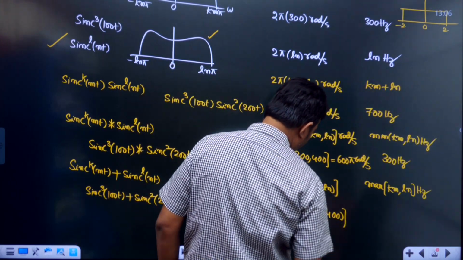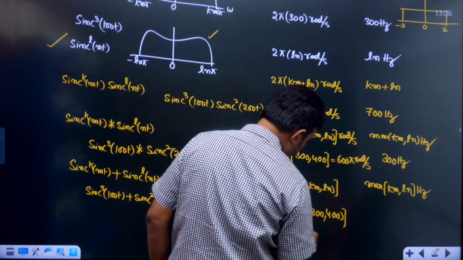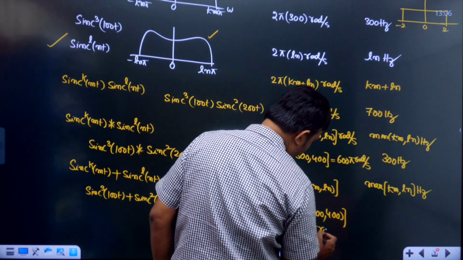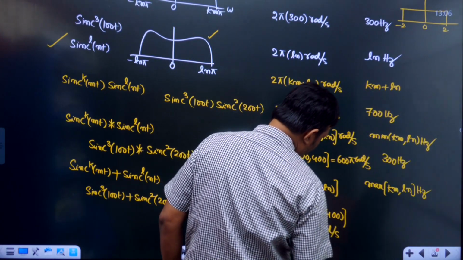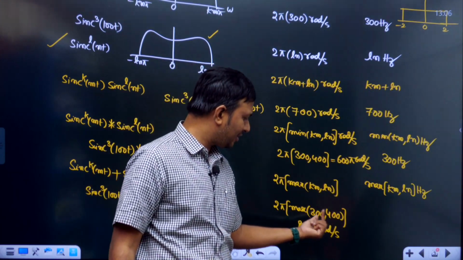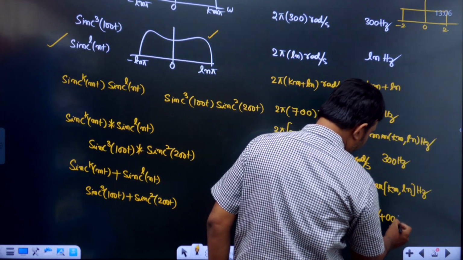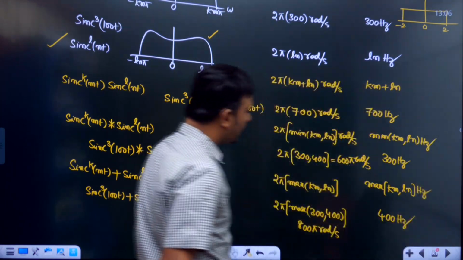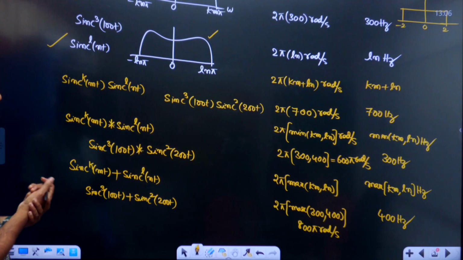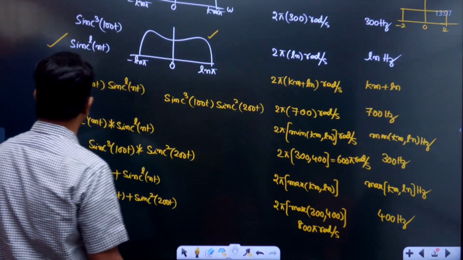So the maximum is 400, so it will come out to be 800 pi radians per second, or if I divide by 2 pi, the maximum of 300 and 400 means 400 hertz. 400 hertz, right? So in this way you can calculate, and you can still extend.